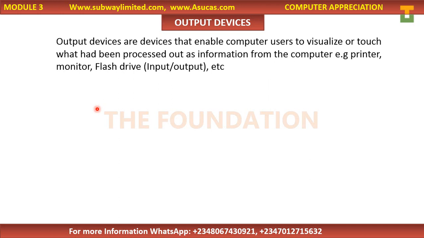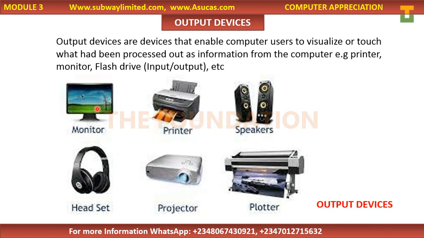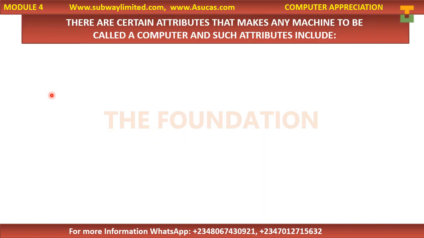So your flash drive can serve as an output device as well as an input device. These are some of the output devices that you can lay your hands on. The monitor, printer, speaker, projector, plotter, handset. Those are some of the output devices you can lay your hands on.